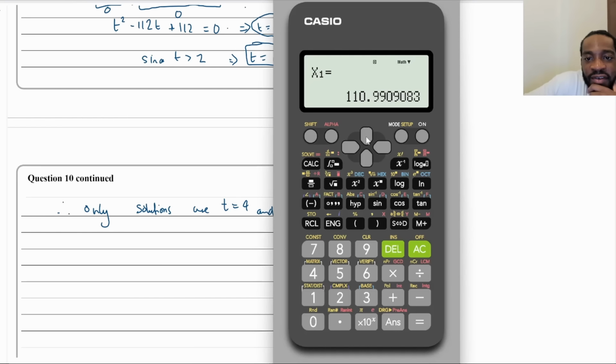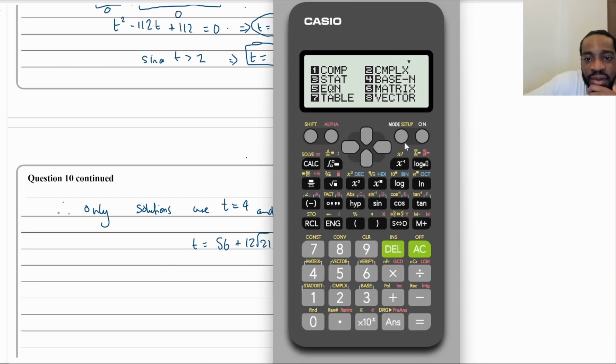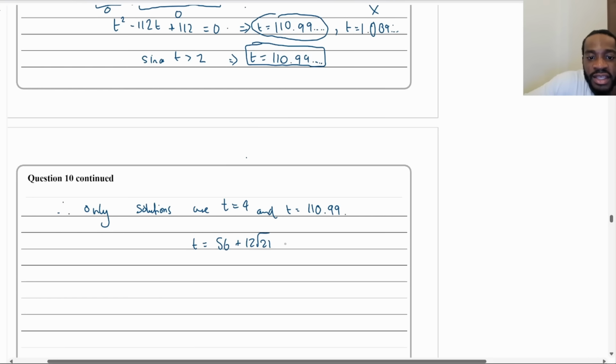And I believe, if I'm not mistaken, from what I remember, it was 56 plus 12 root 21. Is that the same thing? I think it might have been that, 56 plus 12 root 21, if you use the quadratic formula. Yeah, it's that, okay? So you could use that as well. But yeah, these are the only two solutions, okay?